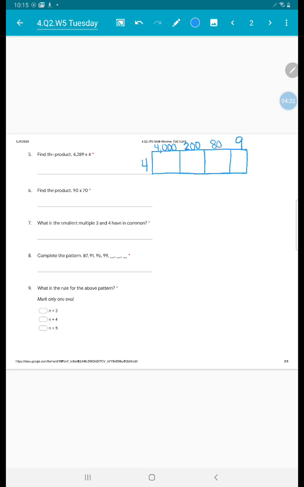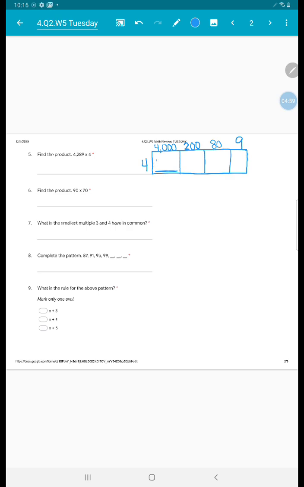So to find the area of this first box, the first smaller rectangle inside my larger one, I'm going to do 4,000 times 4. Kaden, what's 4,000 times 4? 16,000. Okay, how do you know that? Because I added 4,000 4 times.